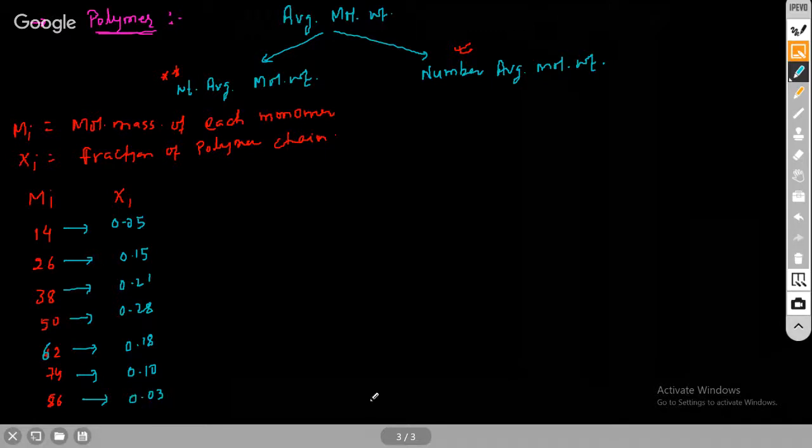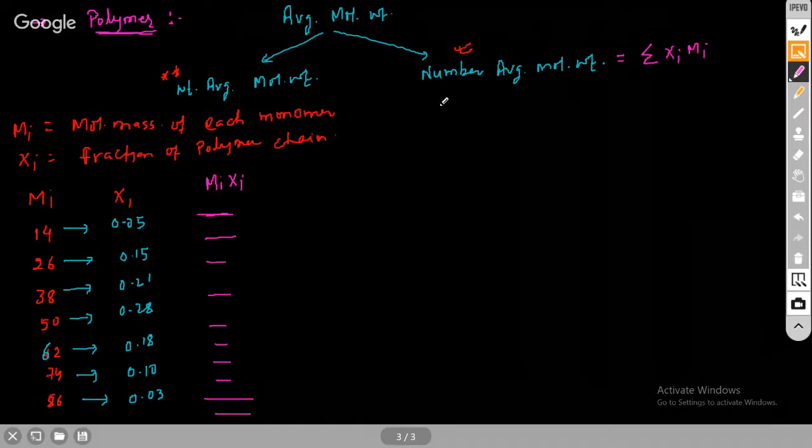So for the number average molecular weight, you have to only keep this formula in mind. Number average molecular weight will be summation of xi into mi. Means you multiply these two, find out these mixi values here, here, here, like this, and add all of them; you'll get the number average molecular mass. So this is the number average molecular mass.